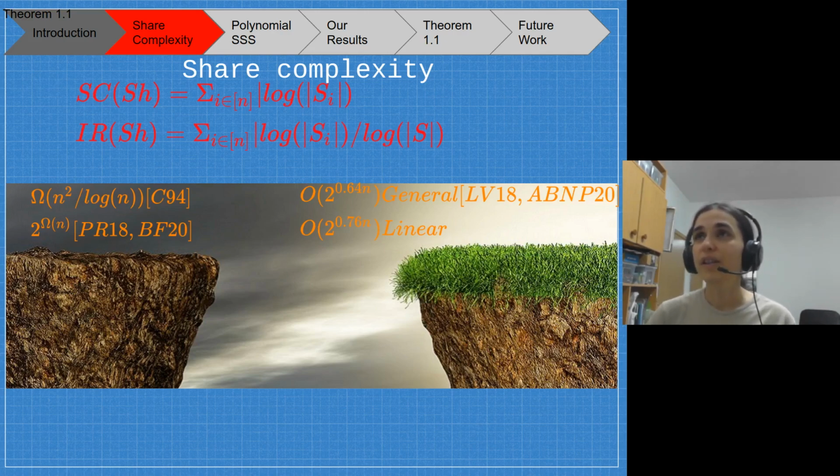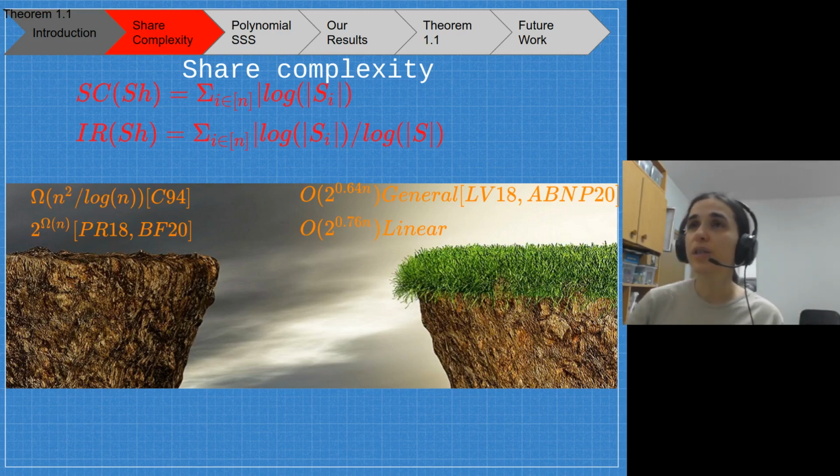On the other hand, on the lower bound front, we know much less. So there's this huge gap. For general secret sharing schemes, the best lower bound is about n squared total size, not even. And on the other hand, for linear, there are much better bounds, which are basically exponential bounds.